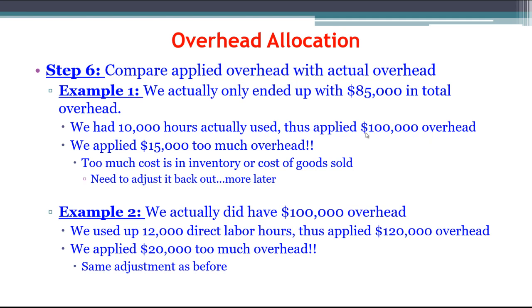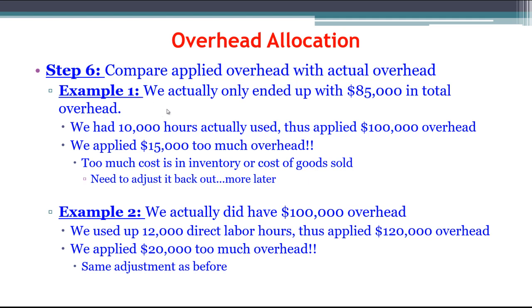But the problem is we only really had $85,000 in overhead. So we applied too much overhead. We over-applied overhead. This means that either our inventory accounts or the cost of goods sold account, which we'll see in a bit, has too much cost in it. Our estimate was wrong. We put too much cost there through application.